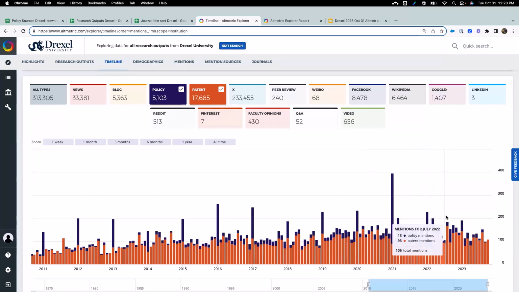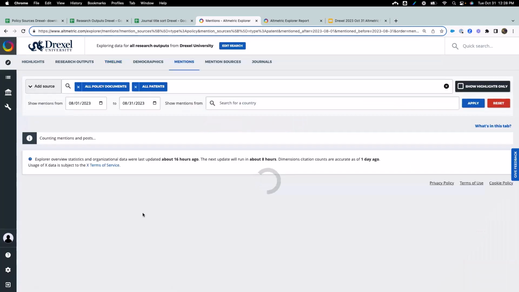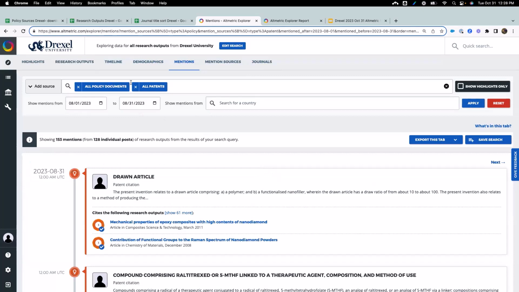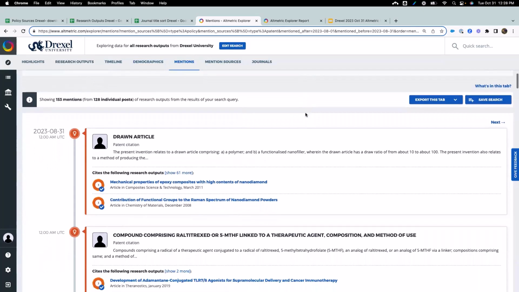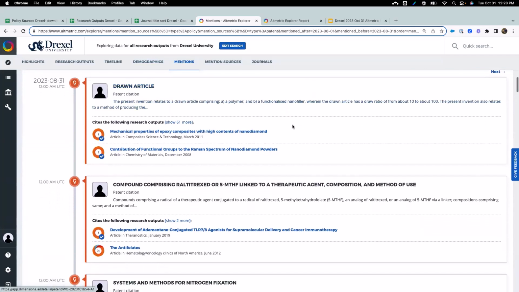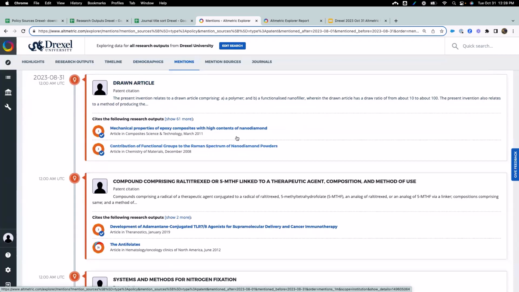And if you want to see, okay, what were they talking about here, the policy mentions in August 2023, it is taking me here into August of 2023, looking at the policy and patent mentions, and it took me right to the mentions tab, and it will show you what particular patents they were talking about and why they were citing this particular research.